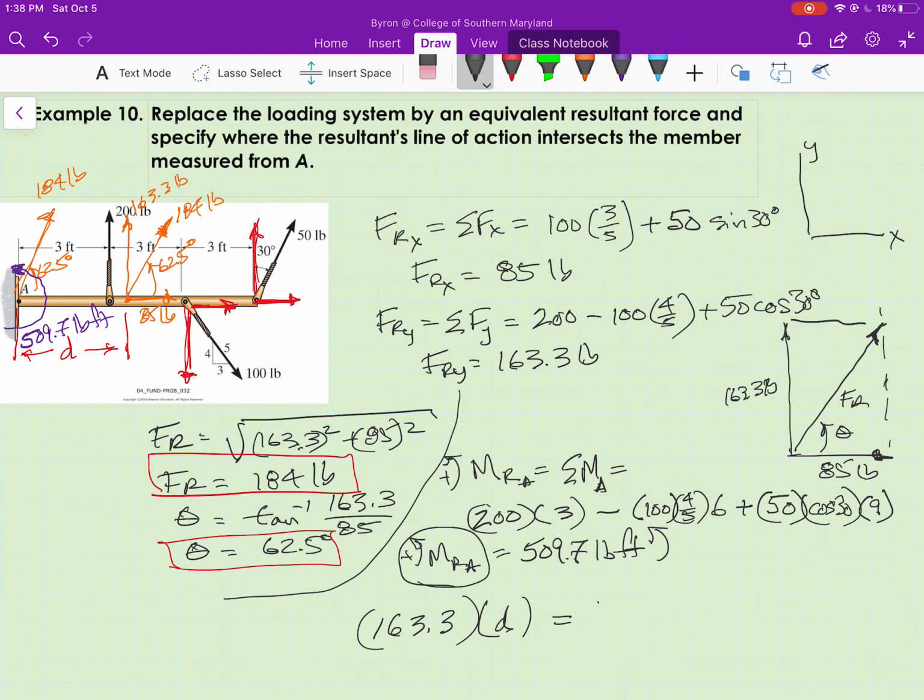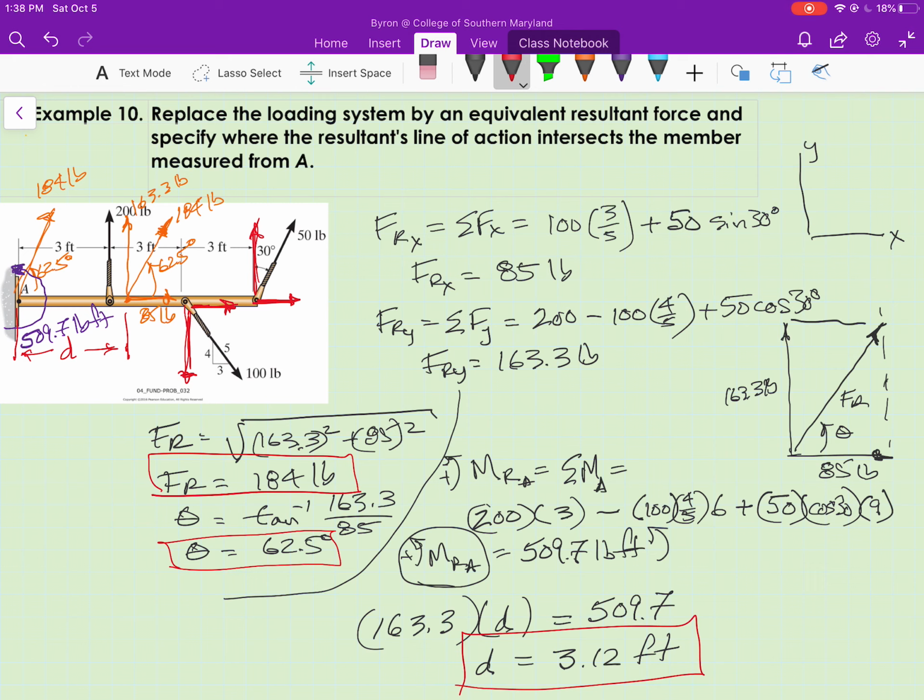So we'll set that equal to 509.7, and we can calculate that the distance D needs to be 3.12 feet. Okay, so that's our final answer.